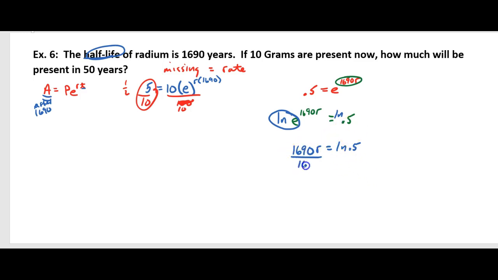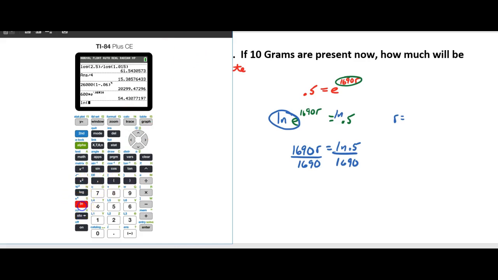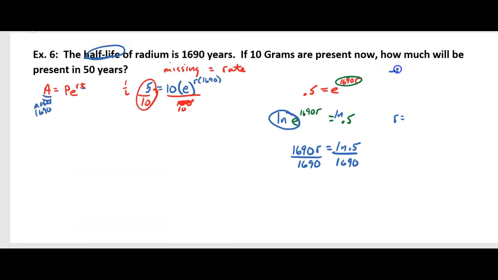Well, what do I do now? I divide by 1690, and the rate ends up being, I go to my calculator and I'm going to say the natural log of 0.5, and then I'm going to divide that by 1690. Now, you get this weird number, but I'm going to round it and say it's about negative 4.1 times 10 to the negative 4.